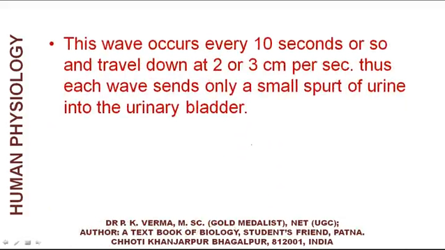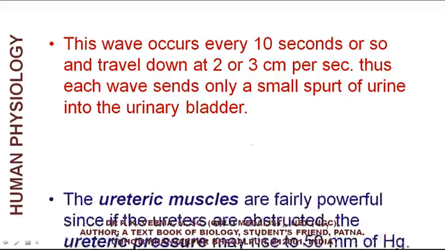The wave occurs every 10 seconds or so and travels down at 2 or 3 centimeters per second. Thus, each wave sends only a small spurt of urine into the urinary bladder. It does not flow continuously. A small amount of urine is taken from kidney and passed to urinary bladder every 10 seconds.